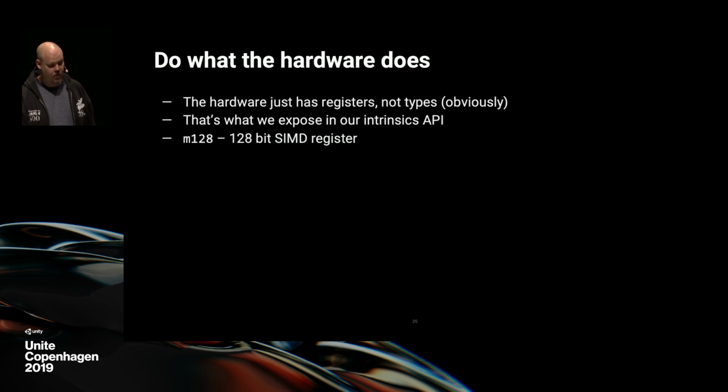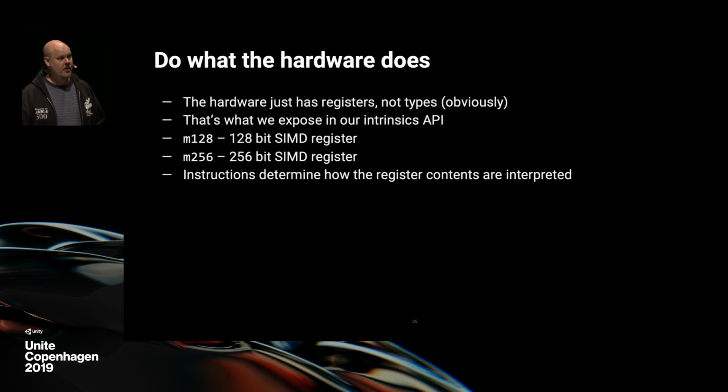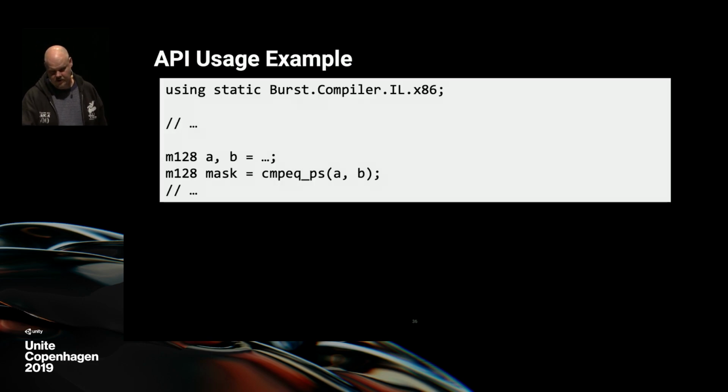And you have 2 core types to work with. M128, which is 128 bits, basically a SIMD register. And M256 for 256-bit targets is going to be your 256-bit register target. And obviously then, the instructions that you choose to use are going to determine how the data in those registers are interpreted.